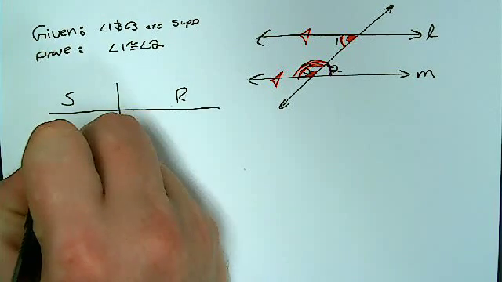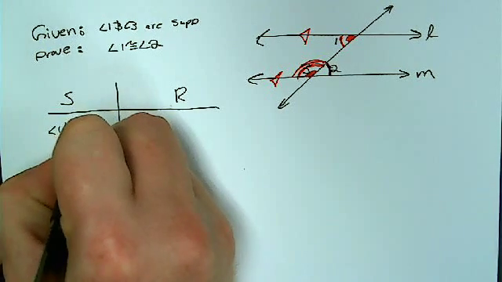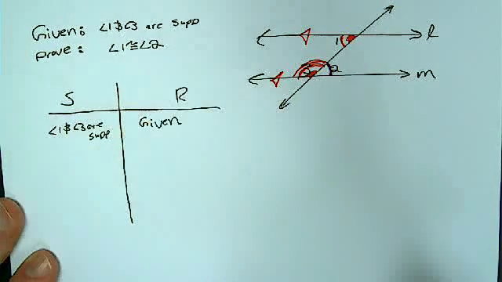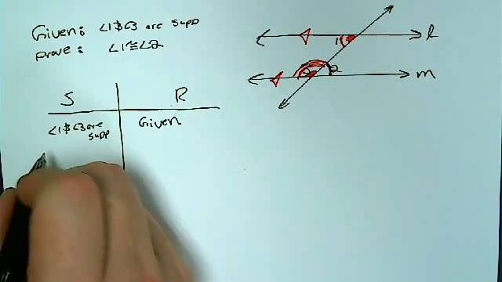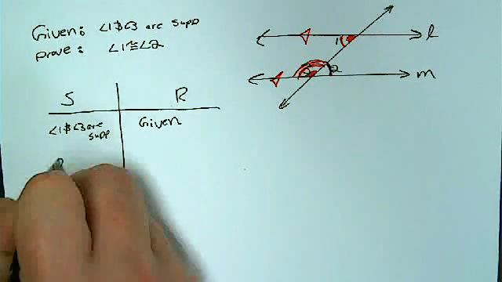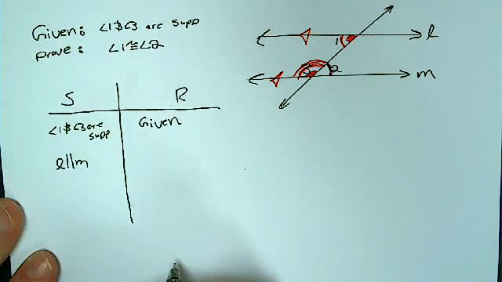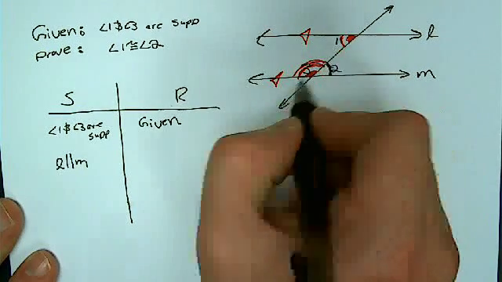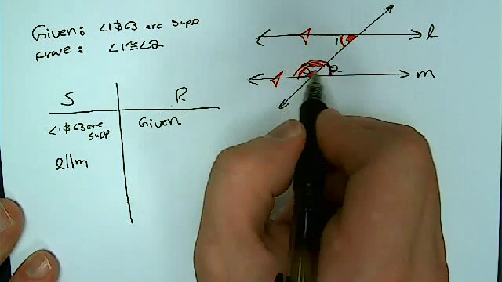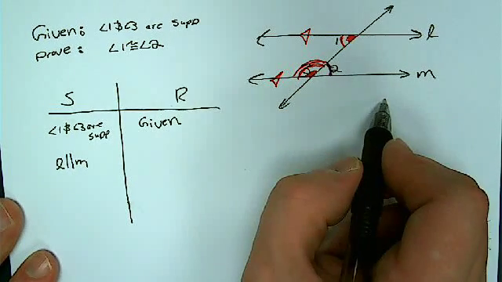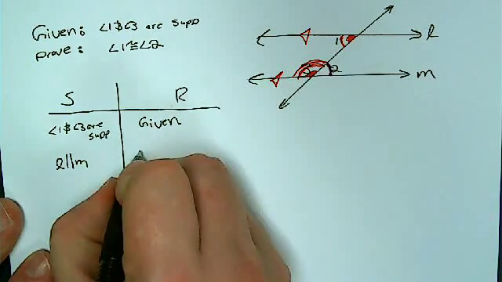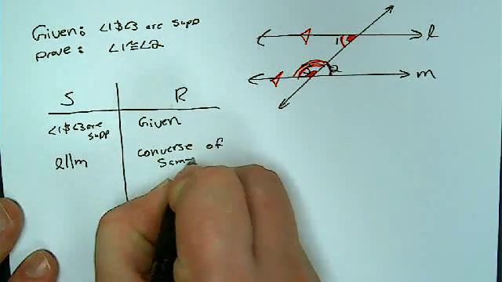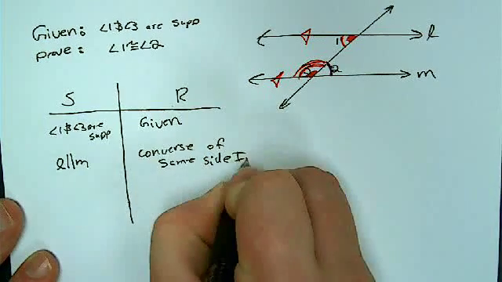So angle 1 and angle 3 are supplementary. We started there by making that our given. And then we said, as a result of that, L is parallel to M. Now, focusing just on the parallel line method, what rule says if these are supplementary, then the lines are parallel? Converse of same side interior.